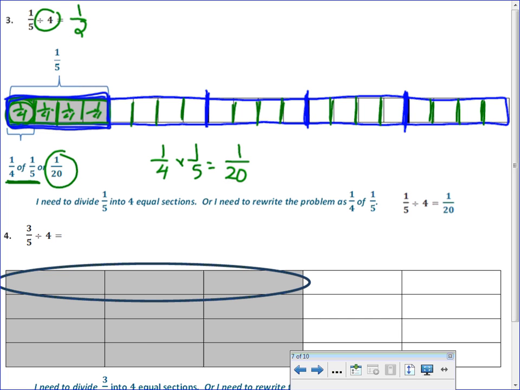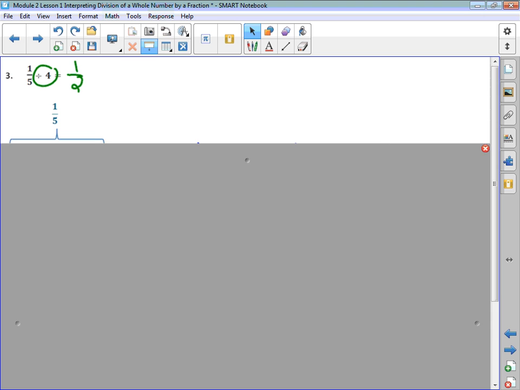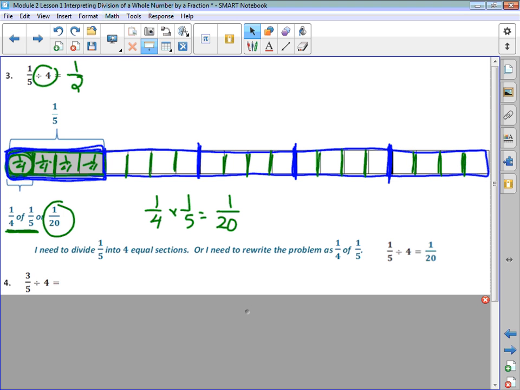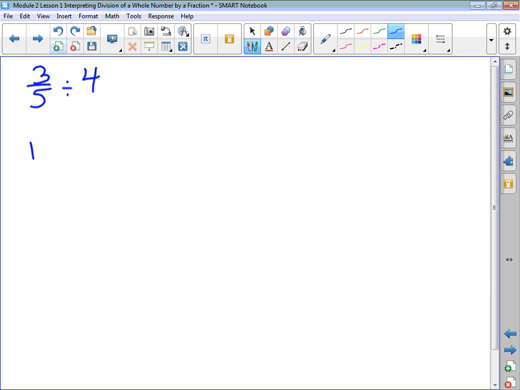Let's try making another one. This one's a little bit differently. 3/5 divided by 4. Let me shade this. Three-fifths divided by 4. Let's draw our 3/5.